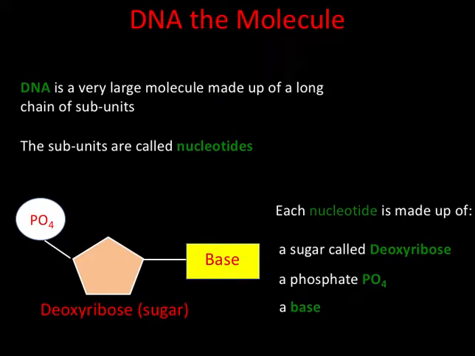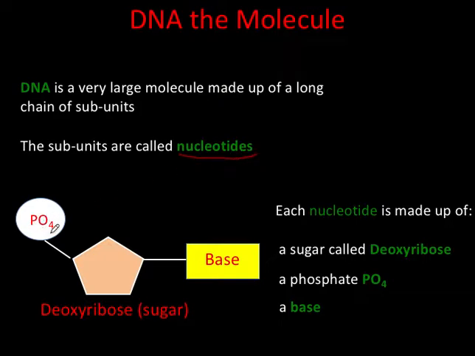So what is this code actually made out of? What is the physical structure of this code? Well, let's start with breaking it down into subunits. The first subunit I'd like to break it down to is called a nucleotide. A nucleotide has three components to it.